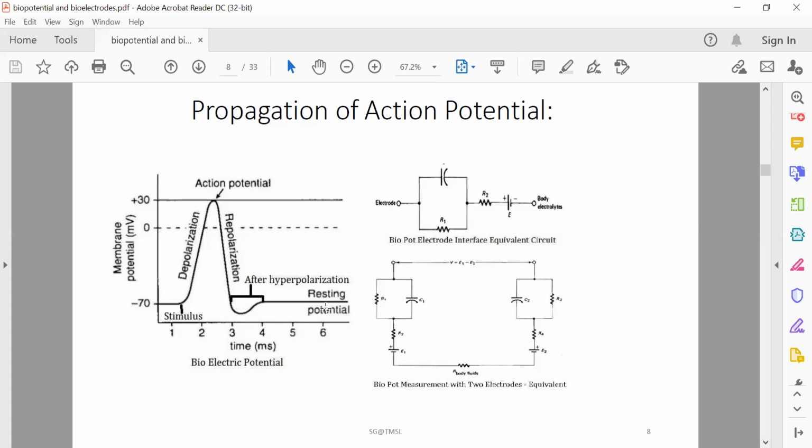In nerve cells, only a small portion of the fiber undergoes a transition. It may be noted that the membrane lying ahead of the active region is polarized, and the active region is depolarized, whereas the membrane behind the active region is repolarized.